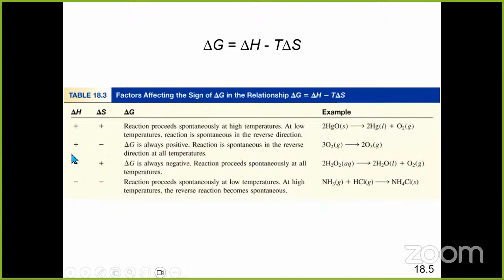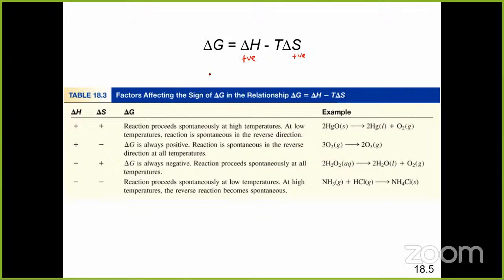So in this particular case, delta H is positive and delta S is negative, right? So if delta H is positive, whoops, sorry. If delta H is positive and delta S is negative, in fact, let me write this down here. If delta H is positive and delta S is positive, what does that mean for delta G?